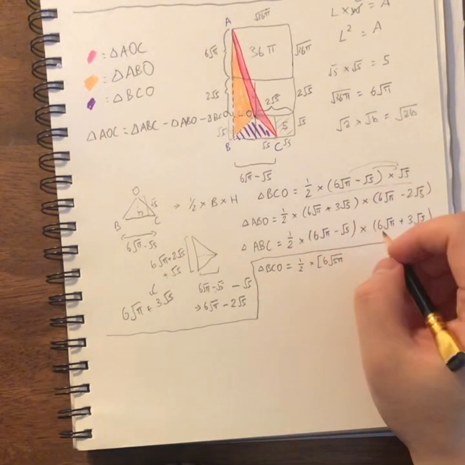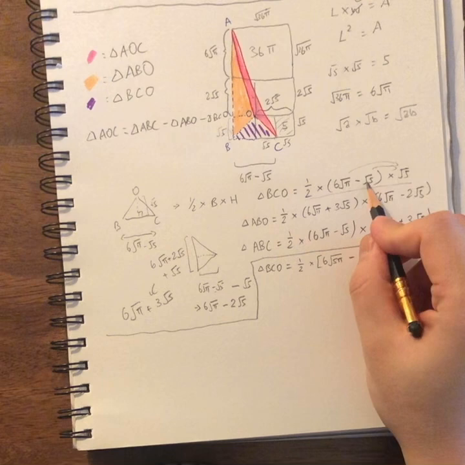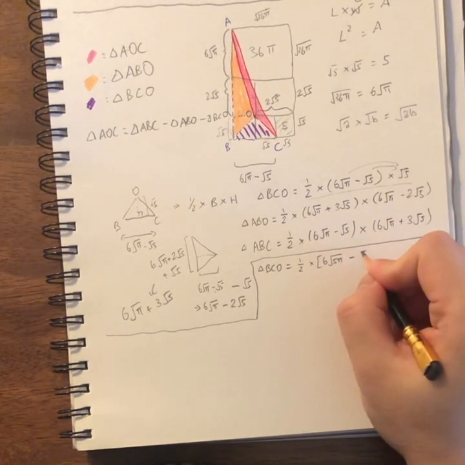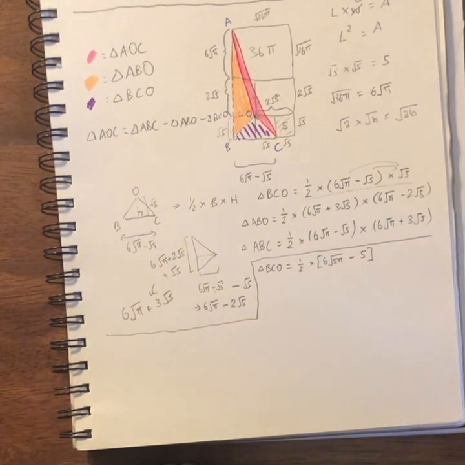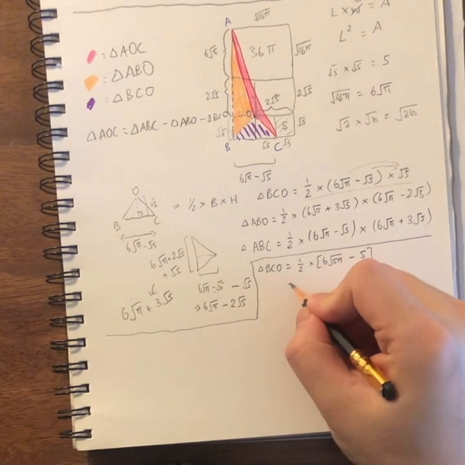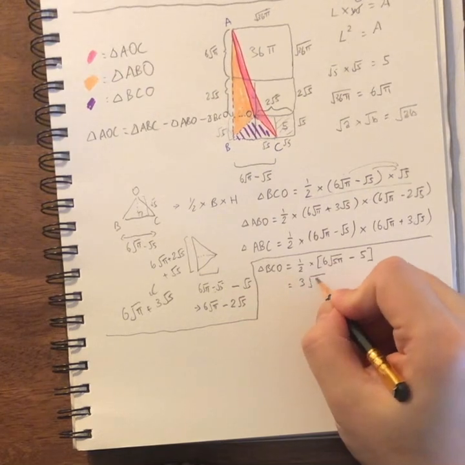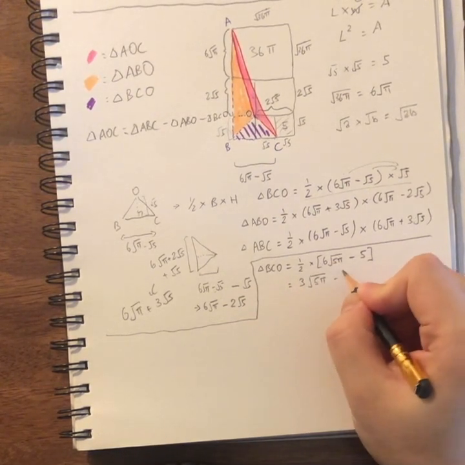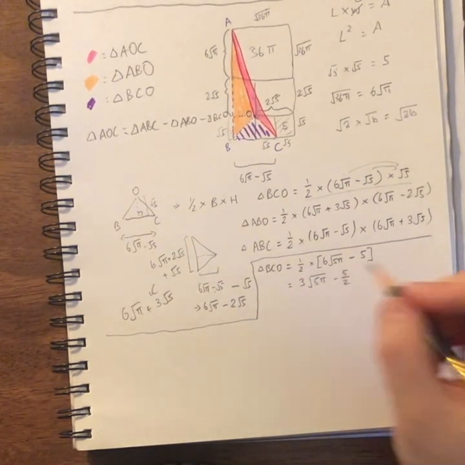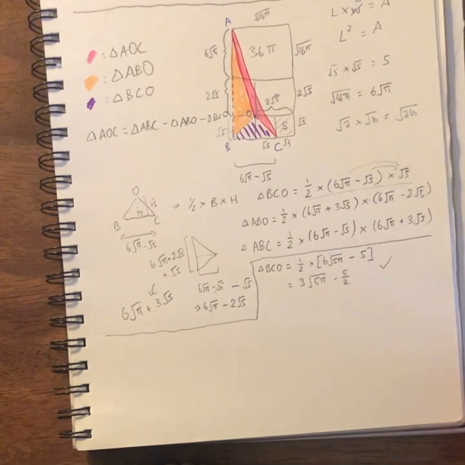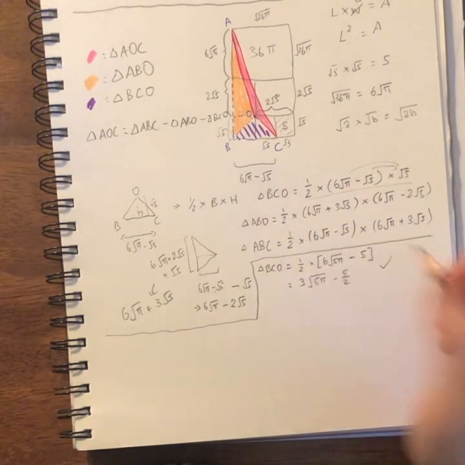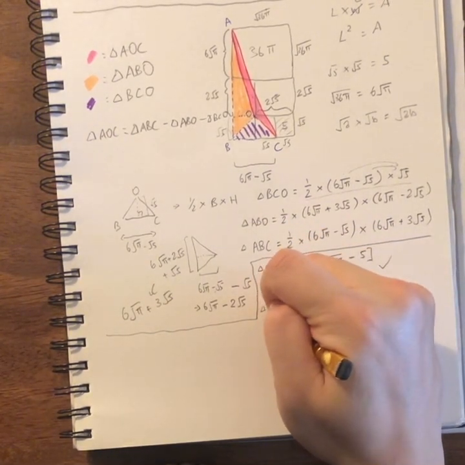And then minus, root 5 times root 5 is just 5. So we're all good there. Then that becomes 3, half of 6 is 3. 3 root 5 pi take 5 halves. Nice. Okay, so that's BCO done. Let's do ABO.